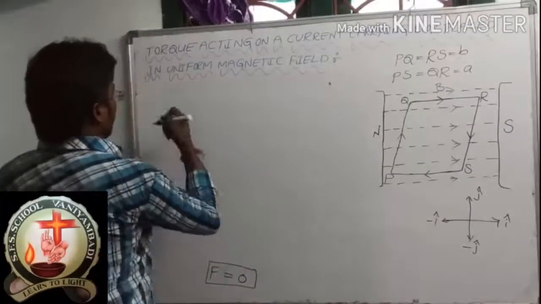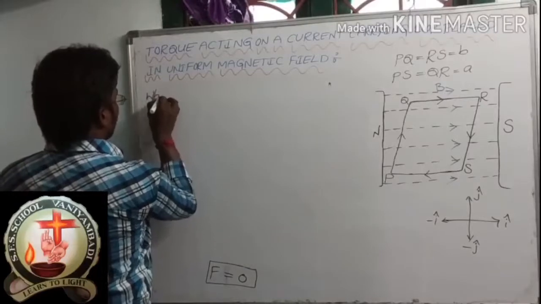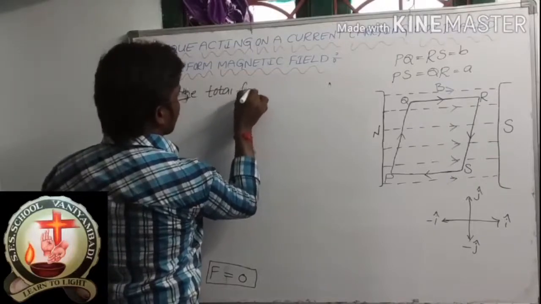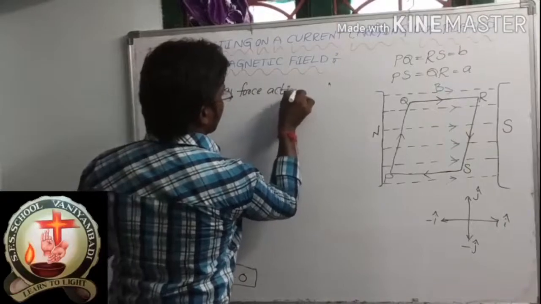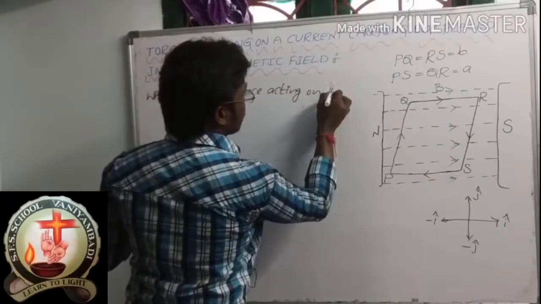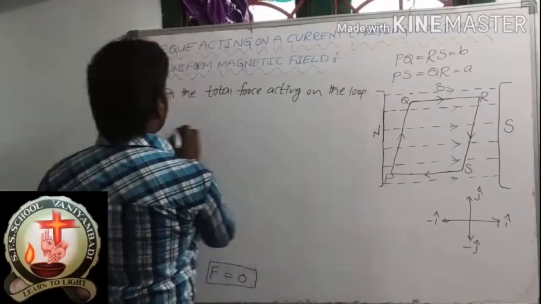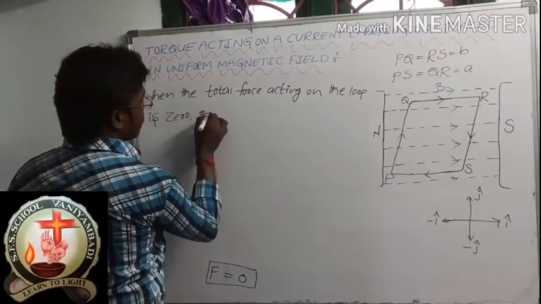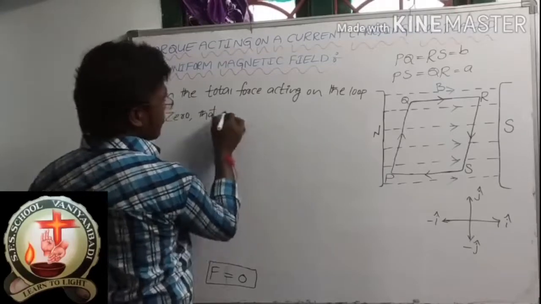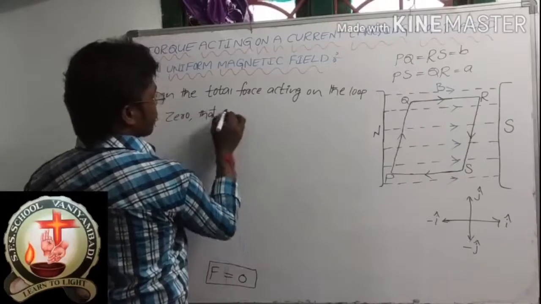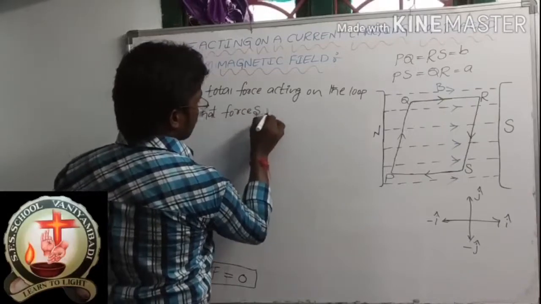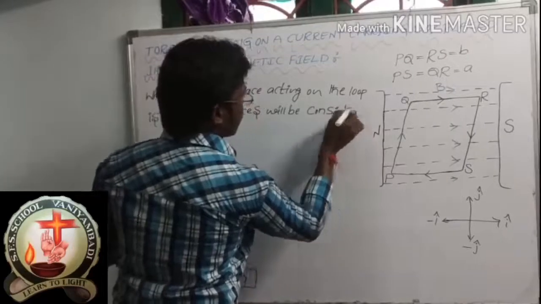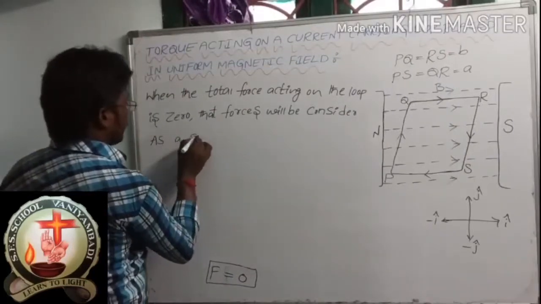When the total force acting on the loop is zero, those forces will be considered as a couple.